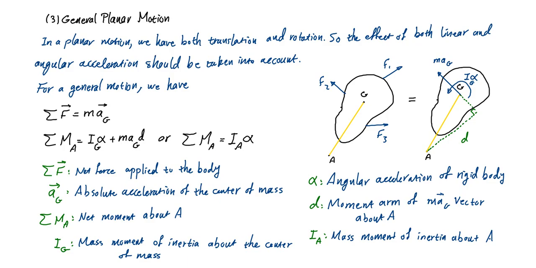If you can find the mass moment of inertia about that axis of rotation, you can just use this equation, IA alpha. Or if you have mass moment of inertia about center of gravity and you have AG, from before, because you need to find AG in most cases anyway, you can go with this version of the second equation. So we're going to have three equations.